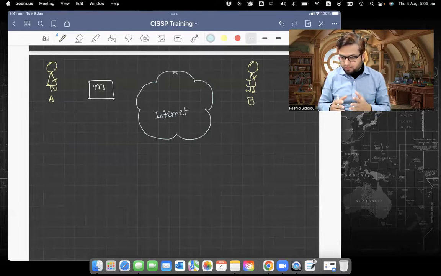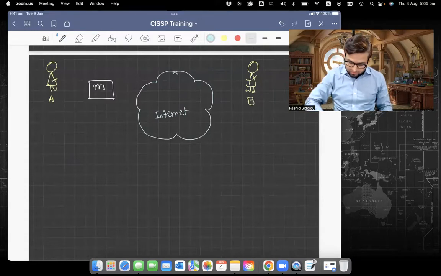With the name public, it means that it's insecure. If the network is secure, then again, there is no need for any discussion. A can send the message as it is over the secure network, and B will get it. So this internet is basically insecure in nature, right?